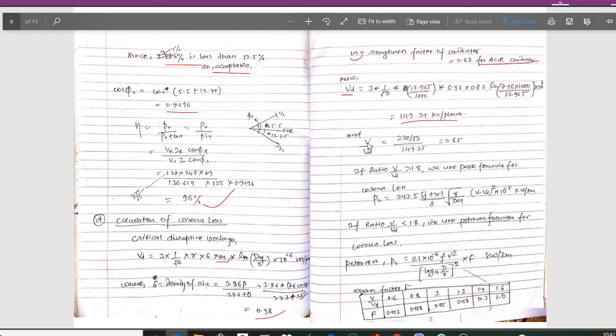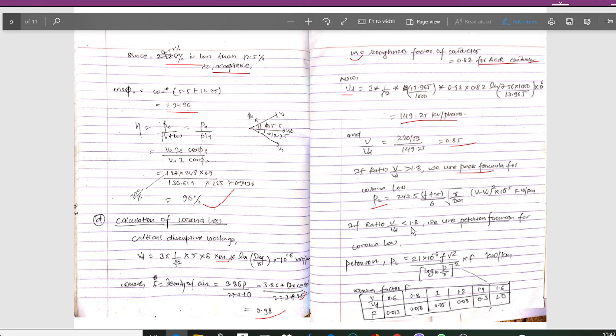The ratio V upon Vd on calculating we get 0.85. If V upon Vd is greater than 1.8, we use the Peek formula for corona loss, which is P equals 243.5 (f plus 25) upon delta, into root of R upon D equivalent, into (V minus Vd) square into 10 power minus 5 kilowatt per kilometer.